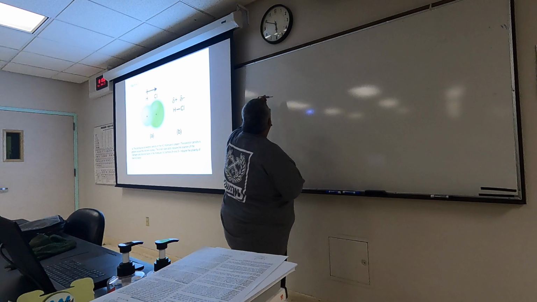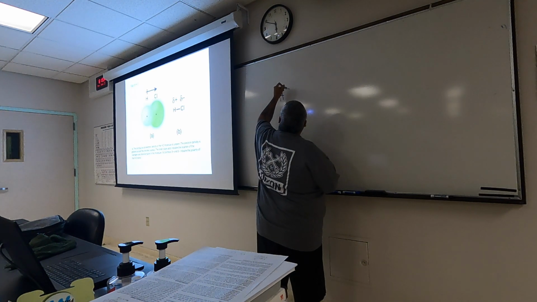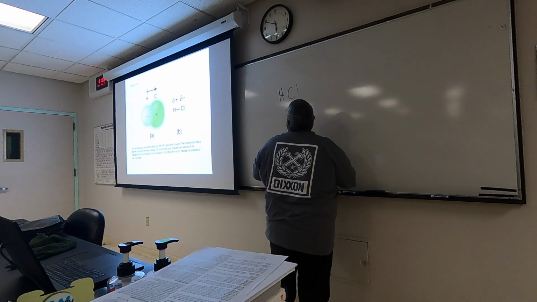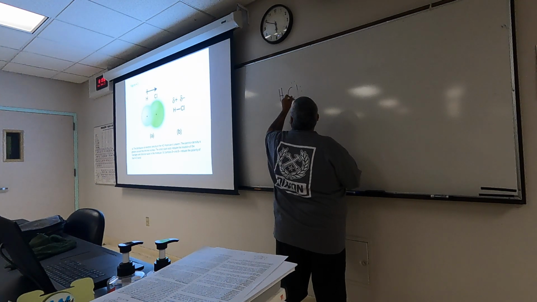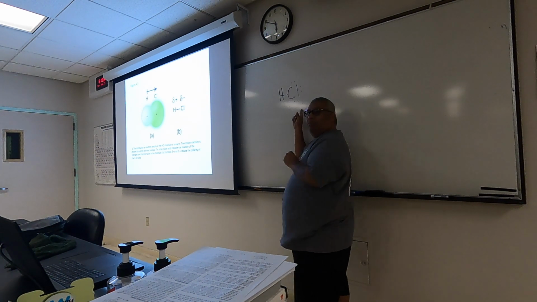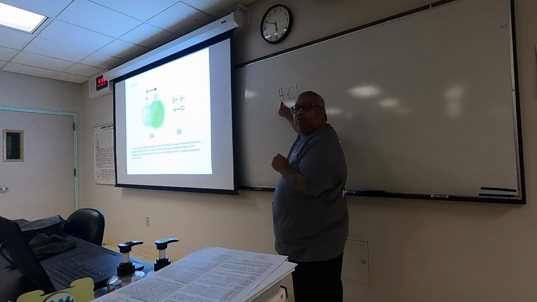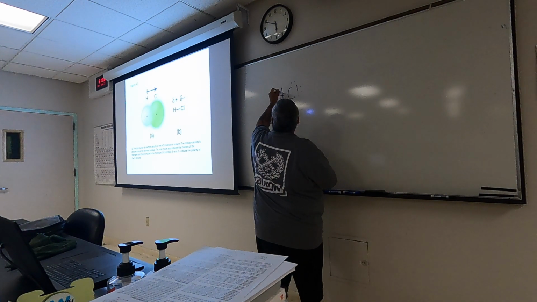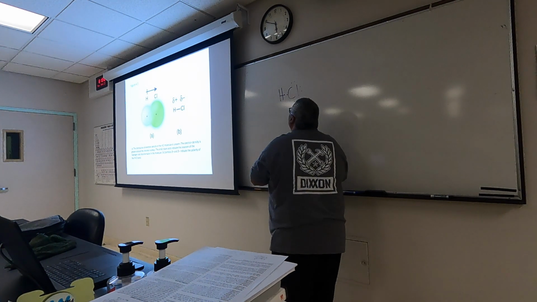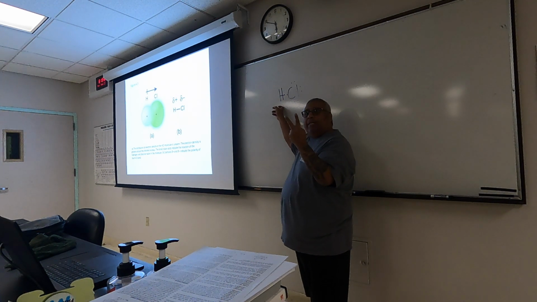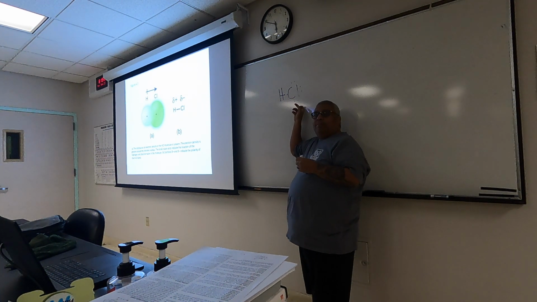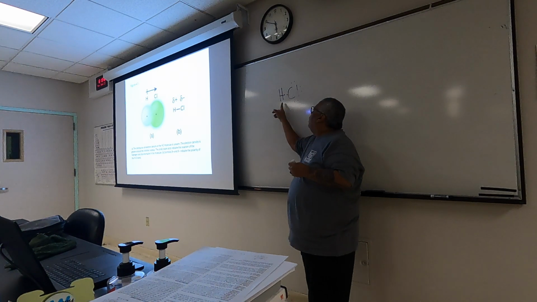Now, in this bond here, here's chlorine, group 7, 7 valence electrons. Hydrogen's in group 1, 1 valence electron. For hydrogen, we need to have 2 electrons. For chlorine, we need to have 8 electrons. Okay?